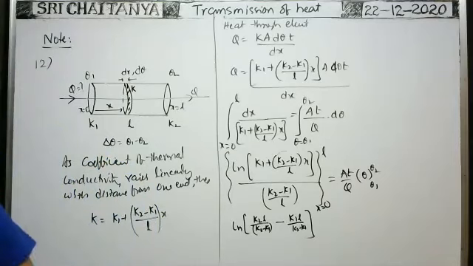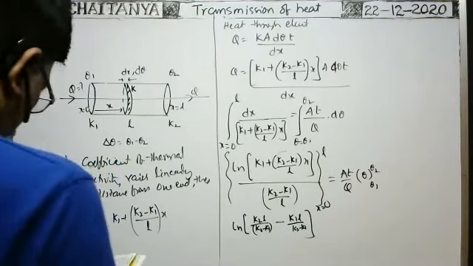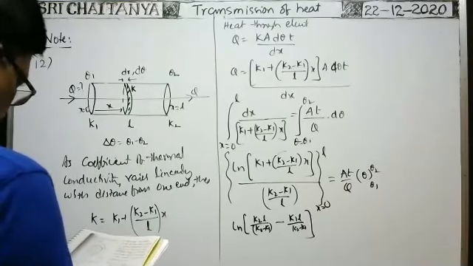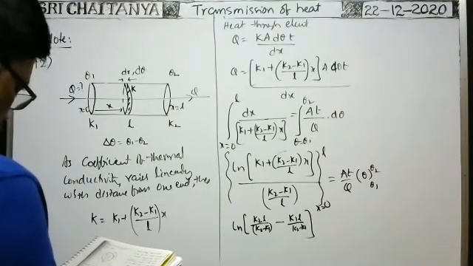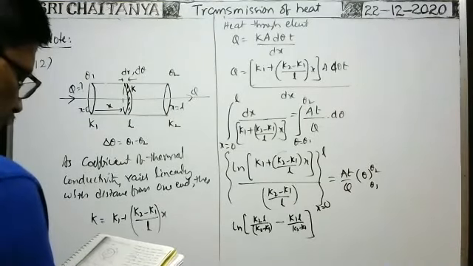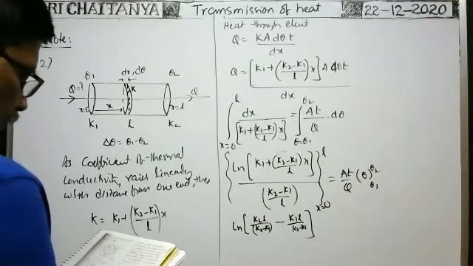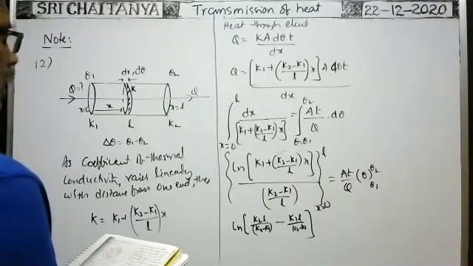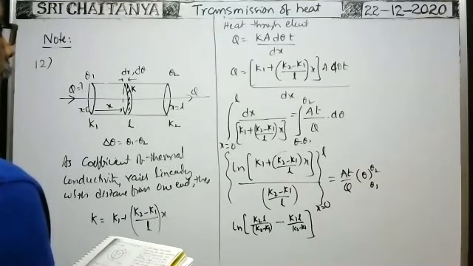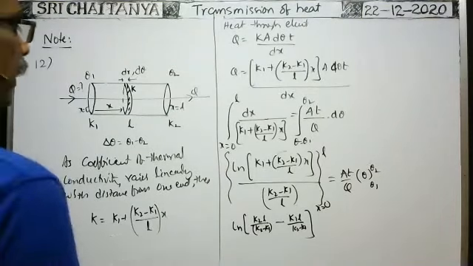So when we have substituted the limits, what is the value you will get finally? Here L will be cancelled.